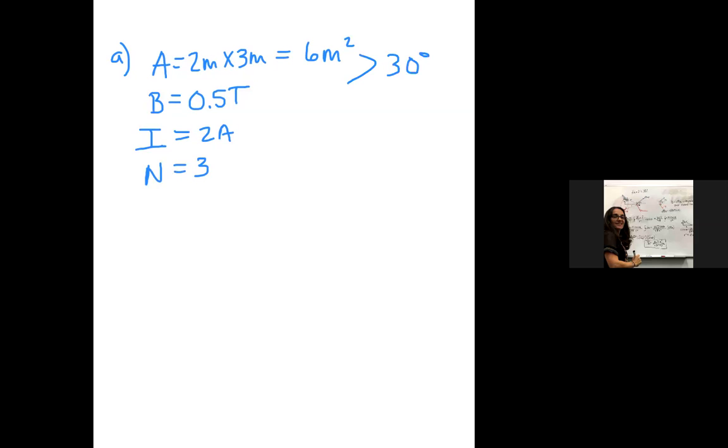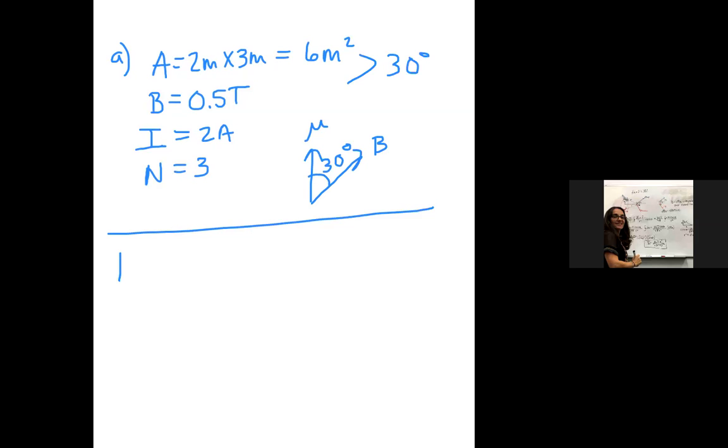That's shown in the picture, such that mu points straight up and the B field points this way, and the angle between them is 30 degrees. All right, so let's find the magnitude of the torque.